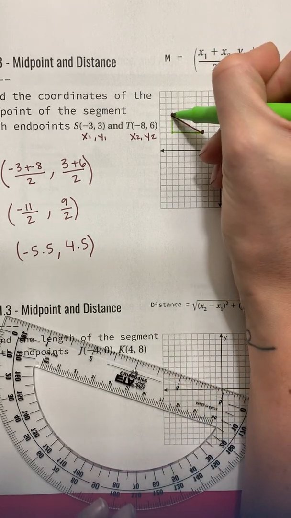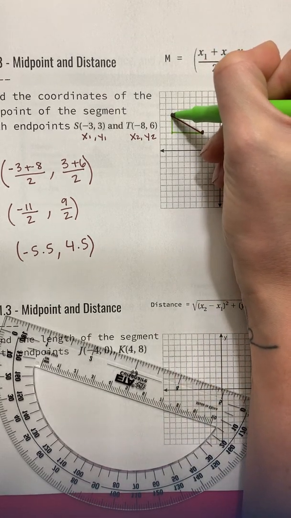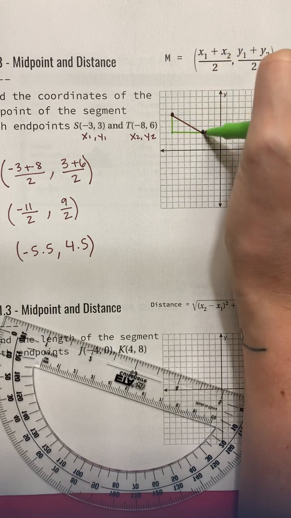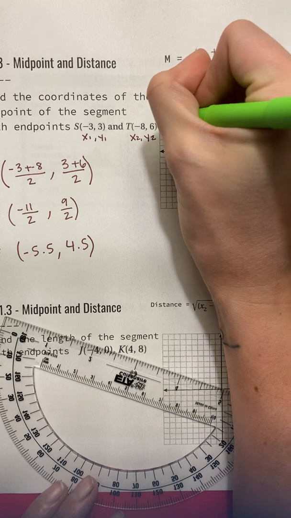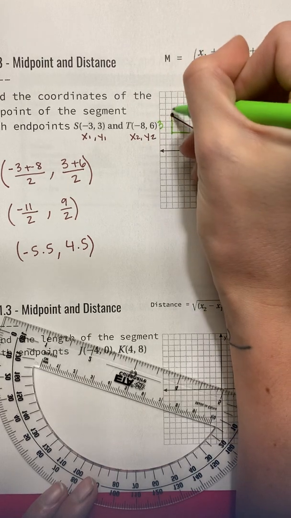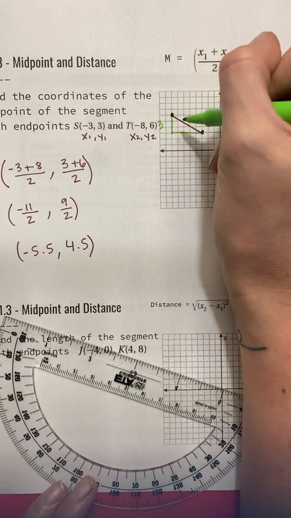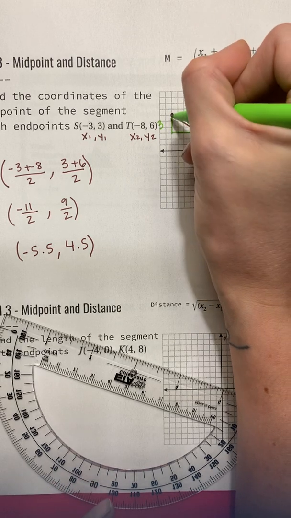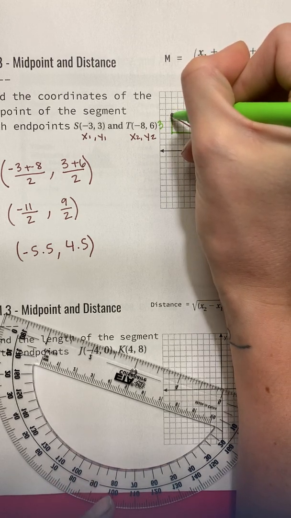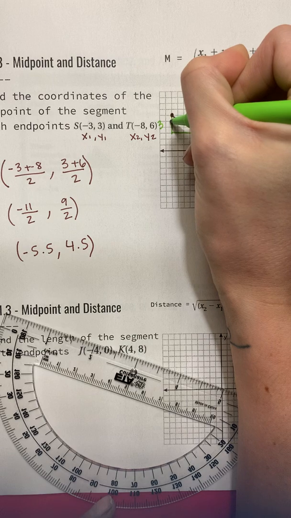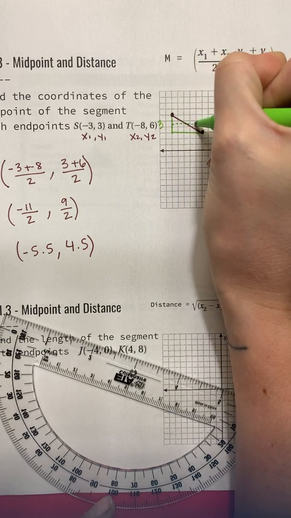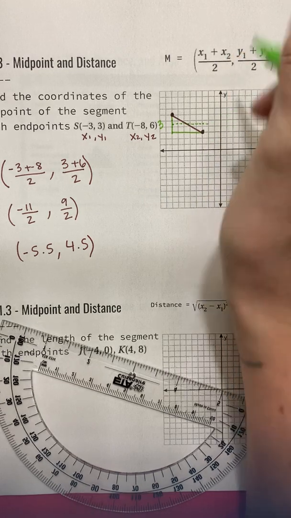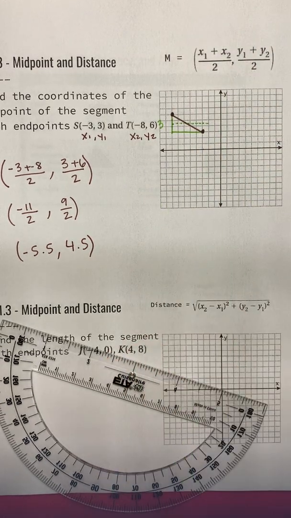So from this point down to even with this point, okay, that's 1, 2, 3 units. Half of 3, right, because I want the midpoint, I want the middle, so half of that is going to give me 1.5. So I'm going to go down 1.5. Okay, so I know my midpoint is going to be on that little dotted line somewhere.